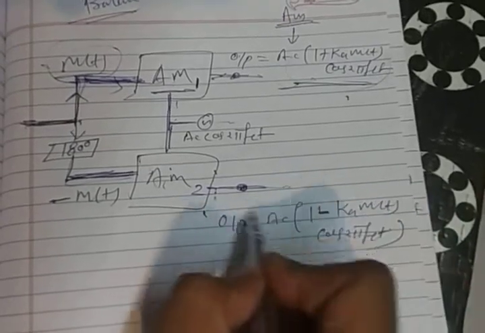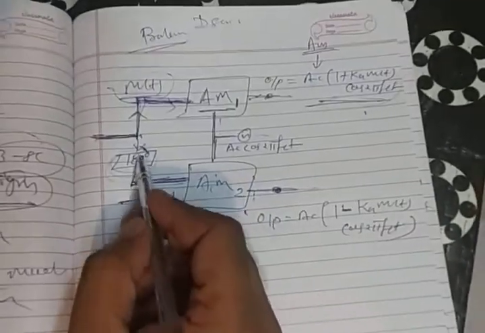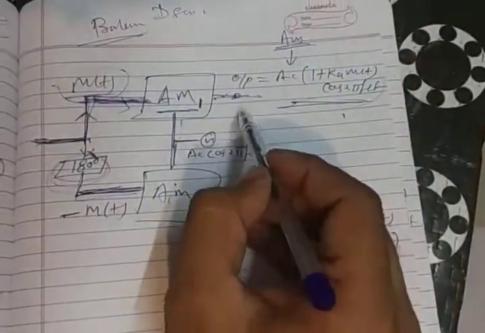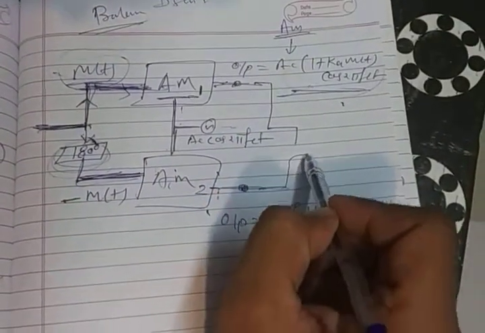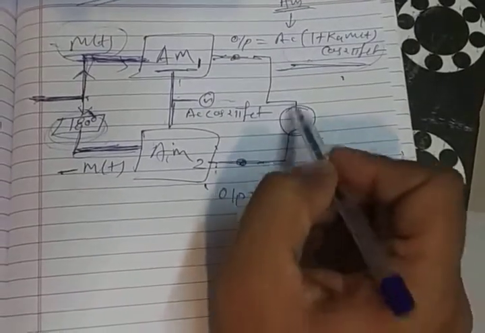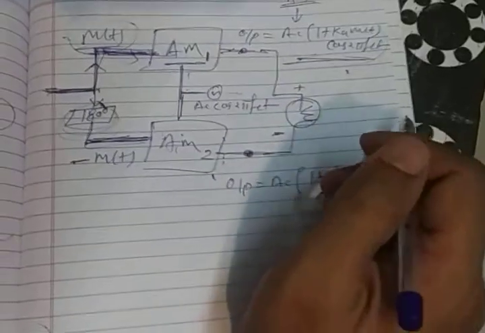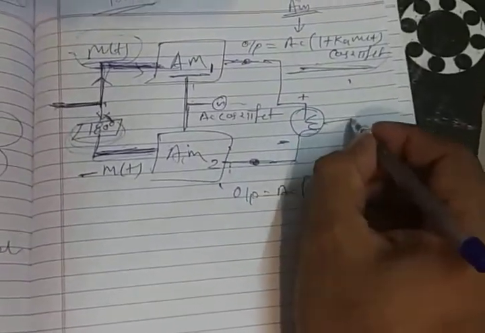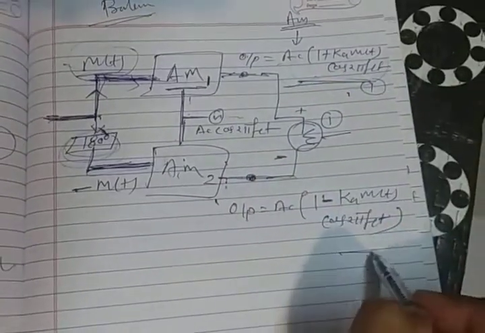Okay, because here m of t is 180 degree phase shifted. Both the outputs are connected with a summer. Here positive, here negative. Suppose this is equation 1 and this is equation 2.